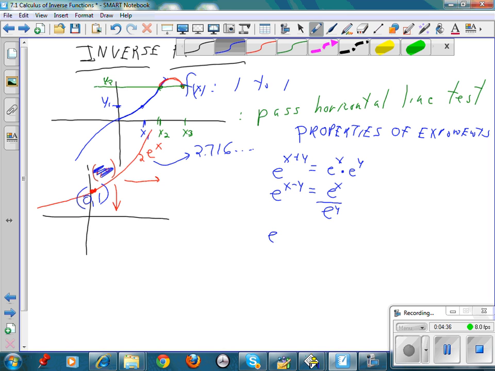How about e to the x times y? What's that equal to? You guessed it, e to the xy. And finally, if I have e times a, to the x, that's merely going to be e to the x times a to the x.